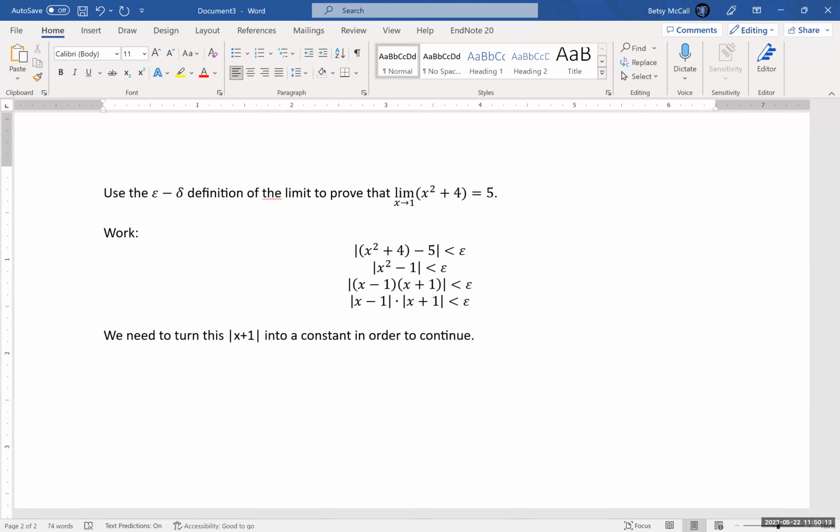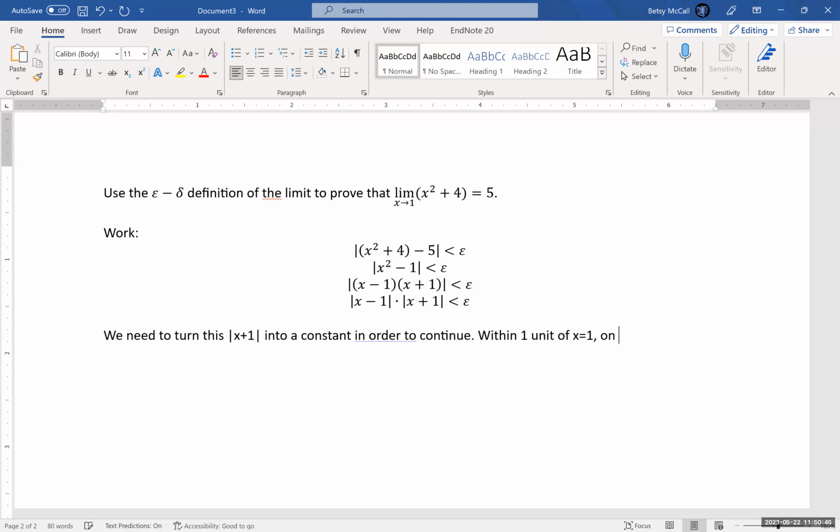So remember that delta and epsilon, they're both small numbers. So we can be very cautious about what we mean by small. We could pick some relationship, but I'm going to try to use whole numbers just to make it the most clear. So let's suppose we're within 1 unit of x equals 1, which is where our limit is approaching.